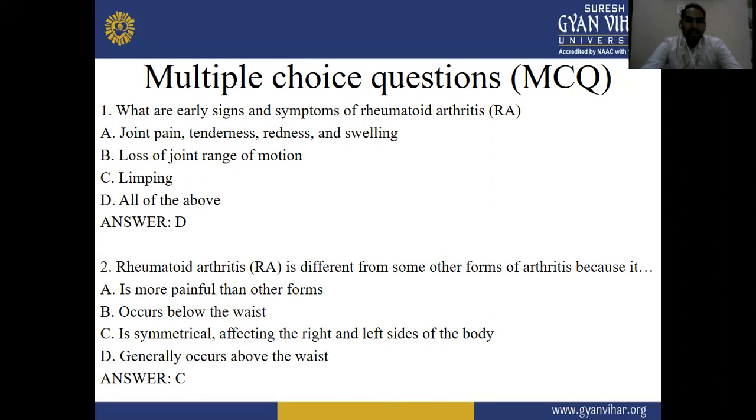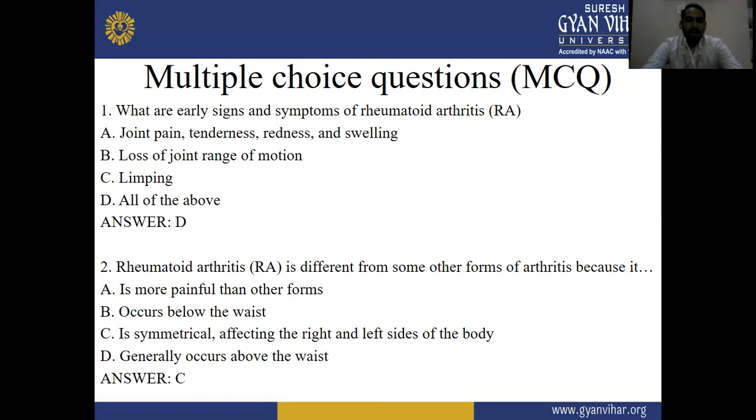The early signs and symptoms of rheumatoid arthritis like joint pain, tenderness, redness, and swelling, loss of joint range of motion, and limping. These are the signs and symptoms of rheumatoid arthritis. Next question: rheumatoid arthritis is different from some other forms of arthritis because it, option A, is more painful than other forms.